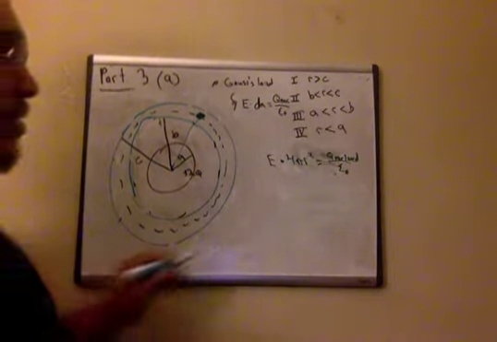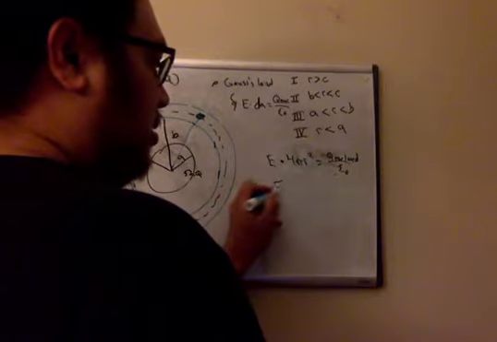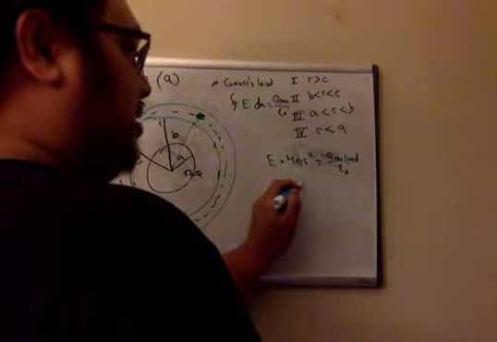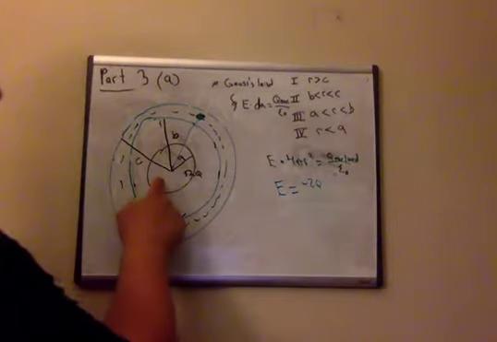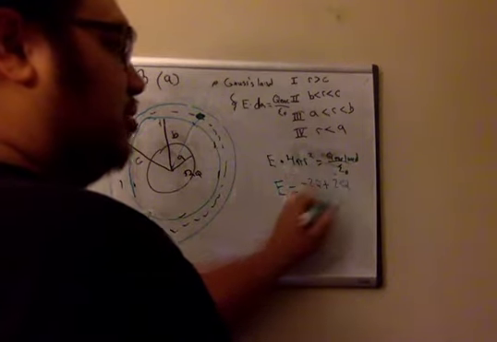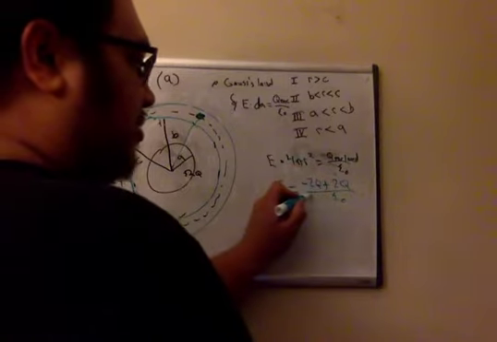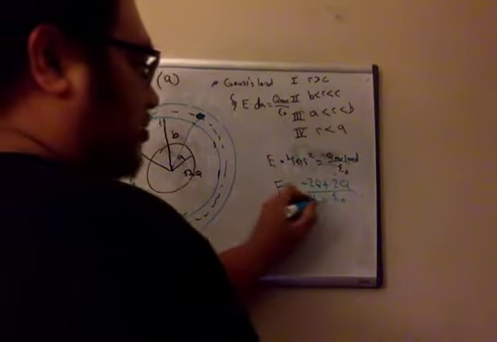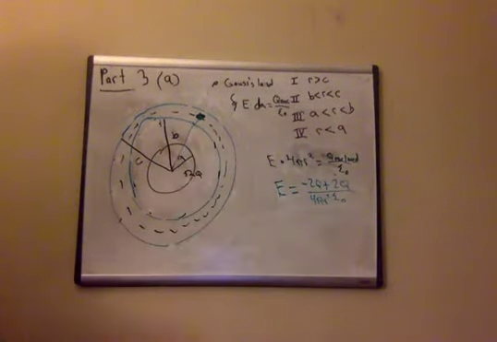So E equals, charge enclosed is going to be -2q, but then we also have inside this +2q, all over epsilon naught times 4 pi r squared, because our radius is r.